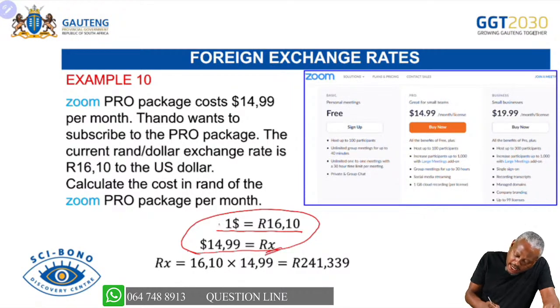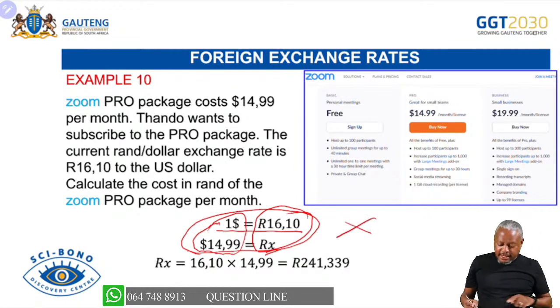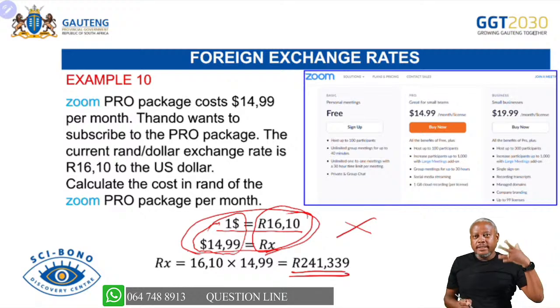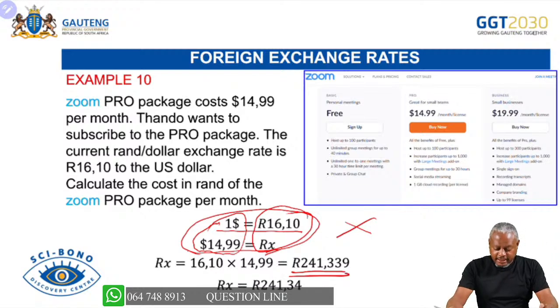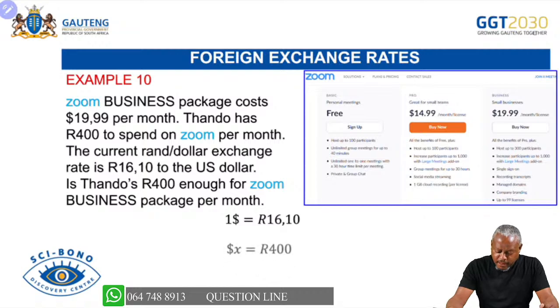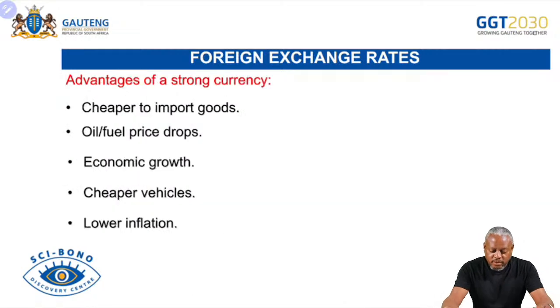So US dollar under US dollar, rand under rand. Then you know the law, you just cross multiply and you get the solution. Here is our solution. Like I said, it's either you multiply or you divide. Here it's in rand, you see you get more now. I'm not going to spend more time on this one, ladies and gents. That's what you've done, so I'll just move straight on.